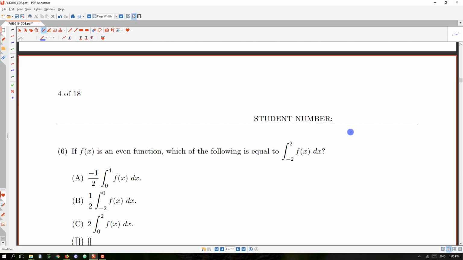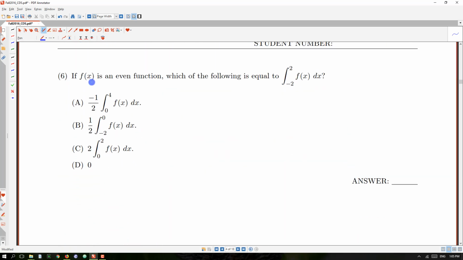Next up is number 6. Here we have an even function, and we're asked which of the following is equal to the integral from -2 to 2. Going back to our ideas about sketching from the live sessions, if we have an even function, then it is something that's symmetric across the y-axis, across x equals 0. And so we have the same area here as here.